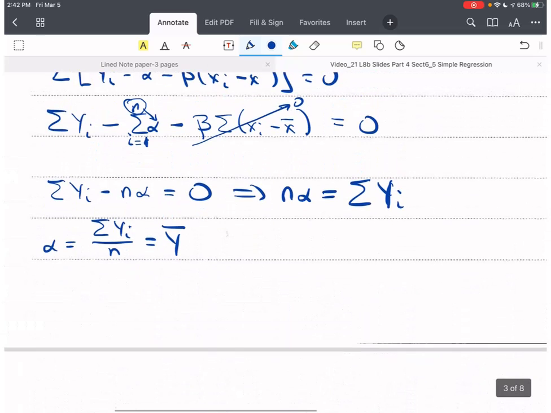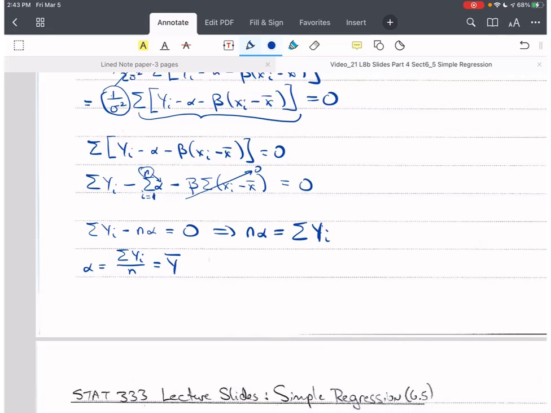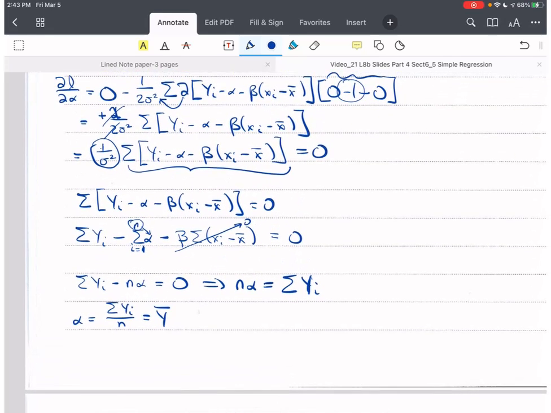I need to determine if this is a max or a min, so I need to take the second derivative of L. I'm going to note that this term goes to 0. When I take this summation, I can still have 1 over sigma squared, the sum of yi minus n alpha minus 0.